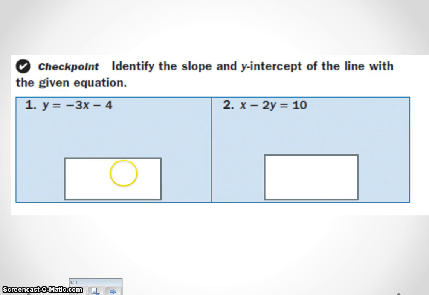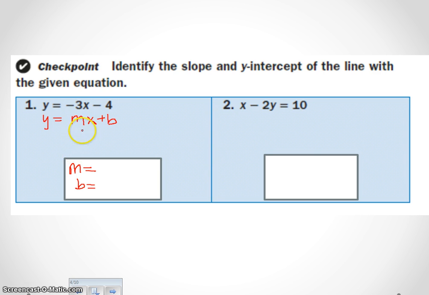Identify the slope and the y-intercept of the given equation. All you have to do is tell me m equals, b equals. Pause the video and try this now. The first thing I would do is set it up so that it's in the mx plus b form, right underneath.